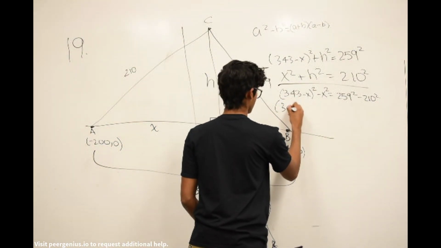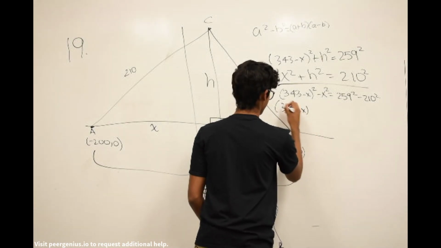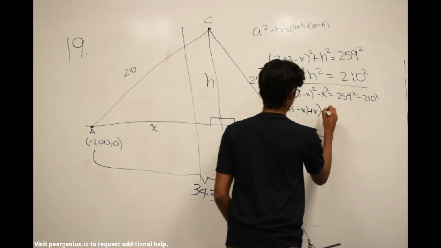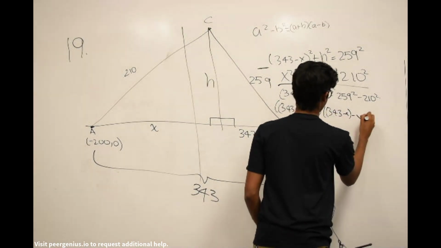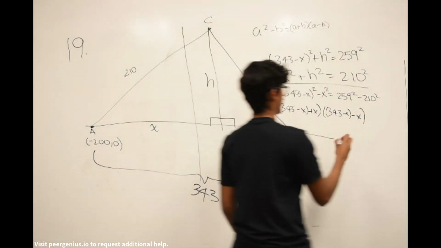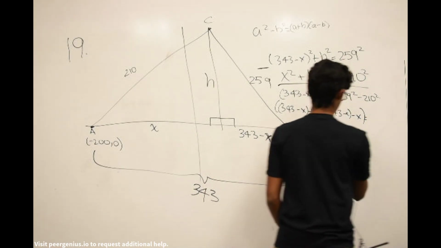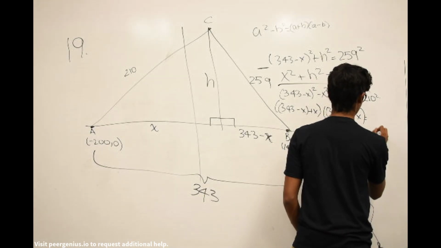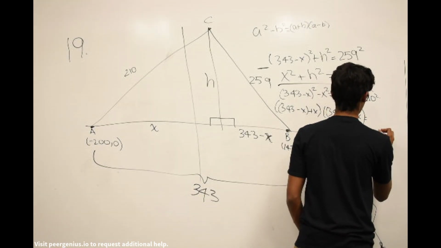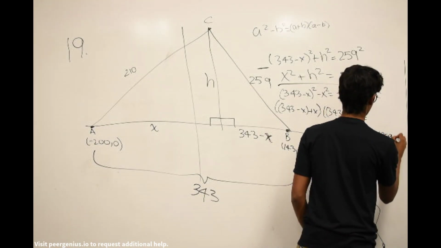So here it's (343 minus x plus x) times (343 minus x minus x), which equals (259 minus 210) times (259 plus 210).